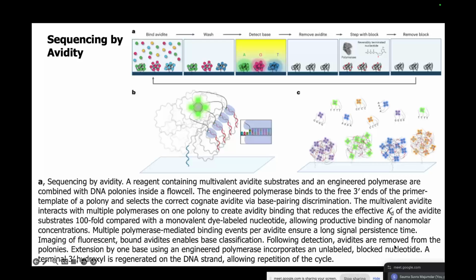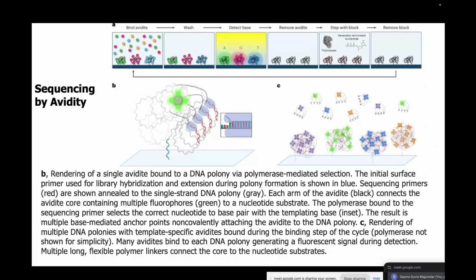So the USP of this is that it creates a very tightly structured DNA nanoball structure, known as DNA polonies, and the signal intensity is very concentrated in a particular position. Since these are tightly kept together, they are not scattered around. So that is one of the major USPs for sequencing by avidity.